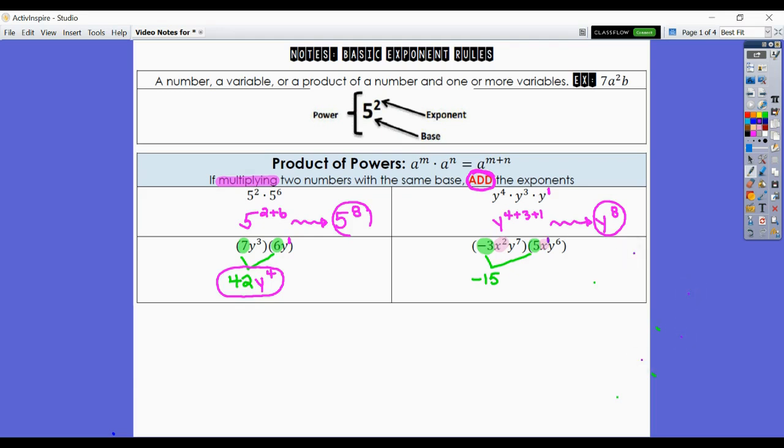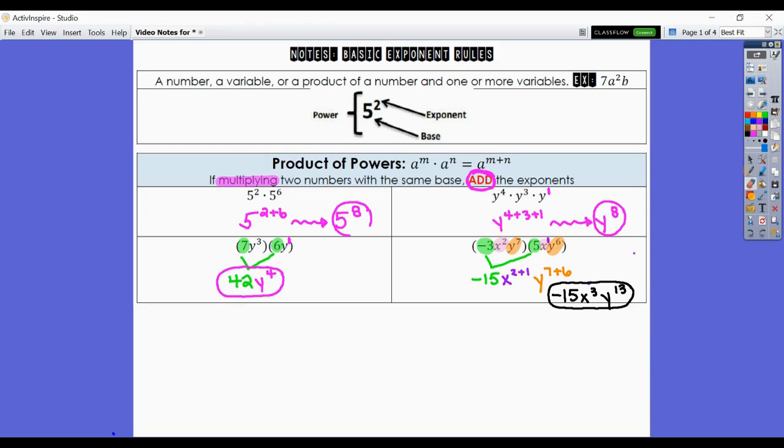Since it is not written there, it's still 1, giving me 2 plus 1 on my x exponent. And then on my y exponent, again, I look at the y terms and I notice that I have 2 y terms that are multiplied together, so I add their exponents. My final answer is negative 15, x to the 3rd, and y to the 13th.